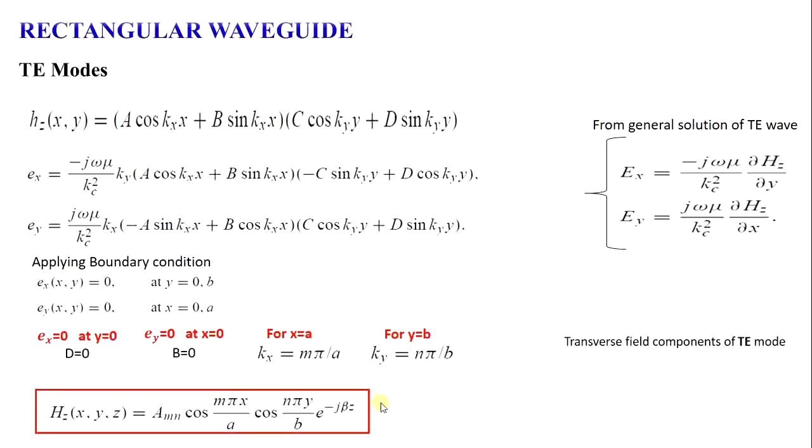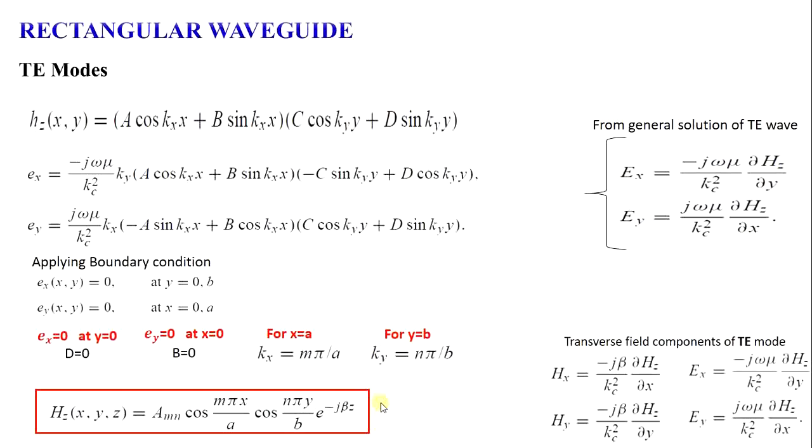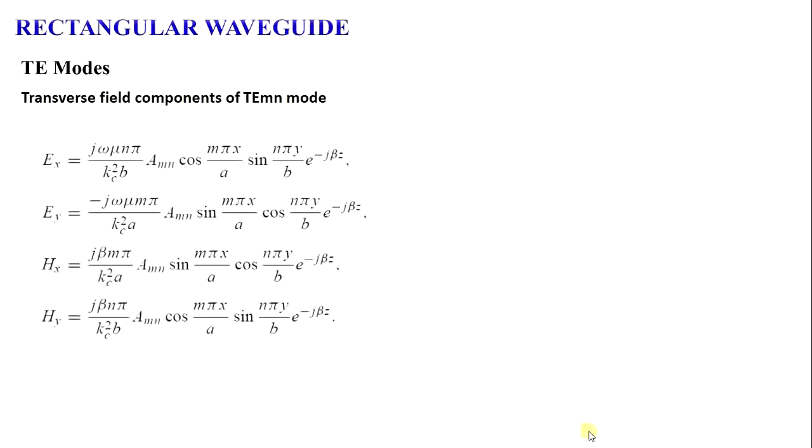So now we know the transverse field components of TE mode, they are given with these equations: Hx, Hy, Ex and Ey. Now if we put this equation of Hz in all these equations, and if we take the derivatives, then we will get the values of Hx, Hy, Ex and Ey, and those values will be the transverse field components of TEmn mode, and they will be as over here.